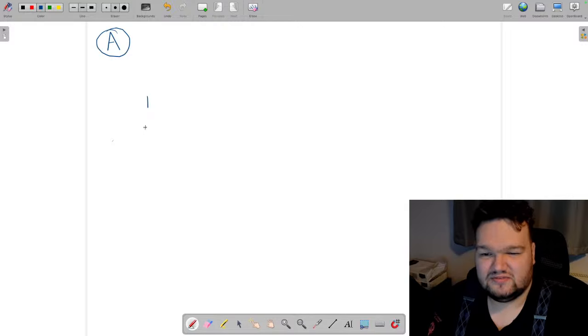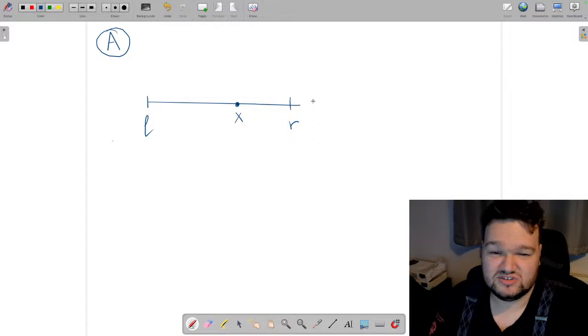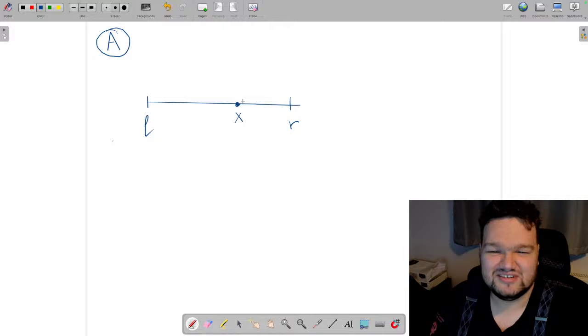So we have the left border, the right border, and X somewhere. It can be outside of the segment. It's an important case that we will need to consider, but the interesting case, when we need to actually calculate something, is when X is on the segment.